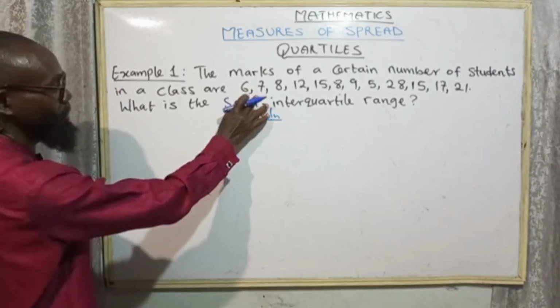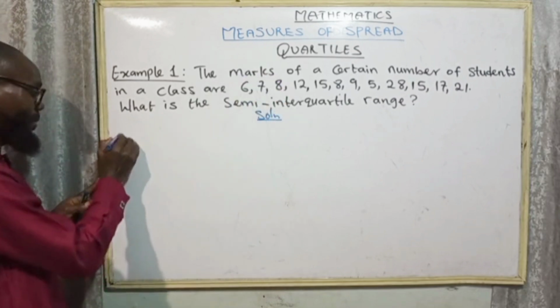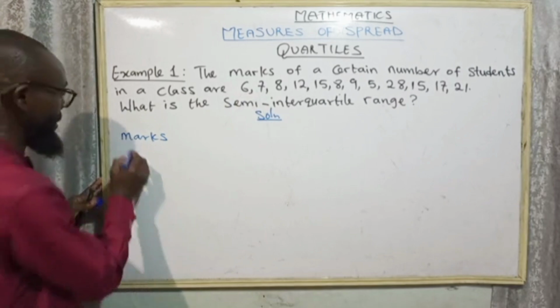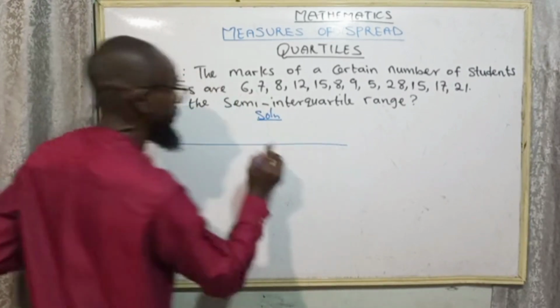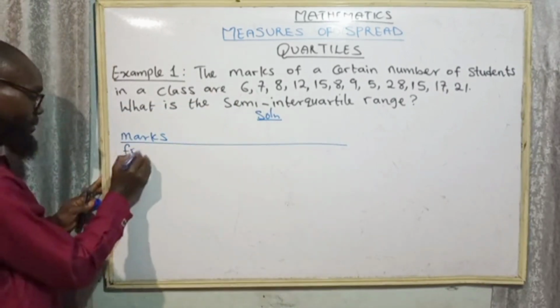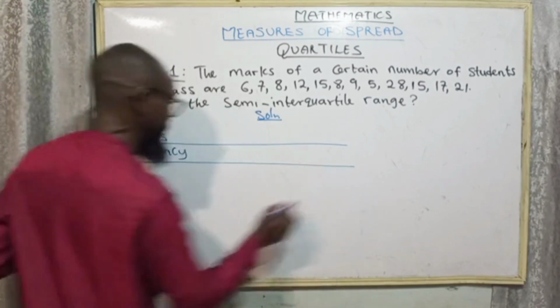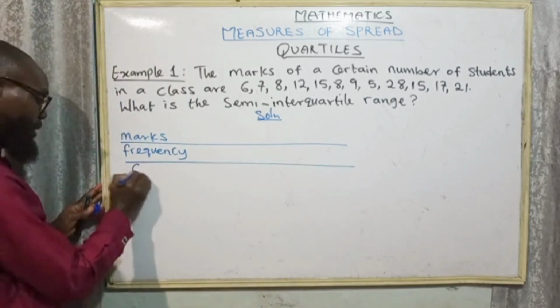The first value, we have marks. Then, followed by frequency. Then followed by cumulative frequency, let me say CF.